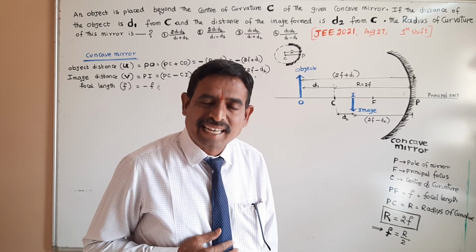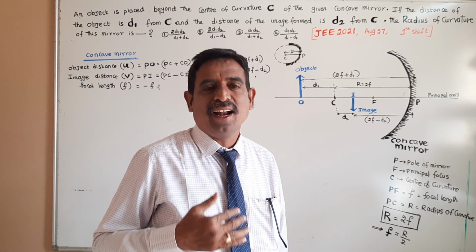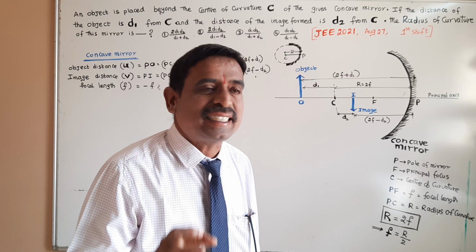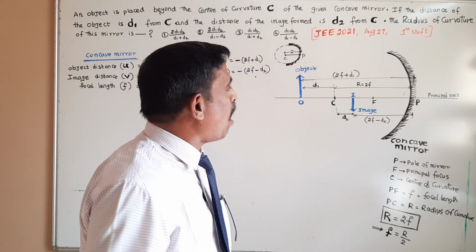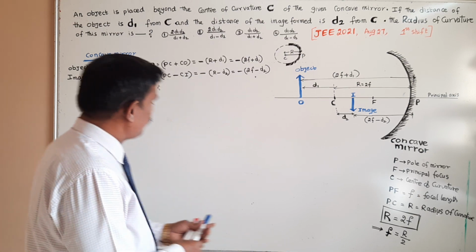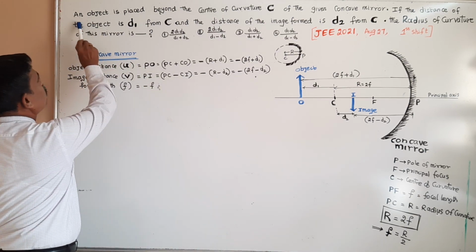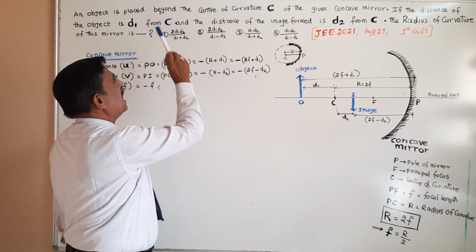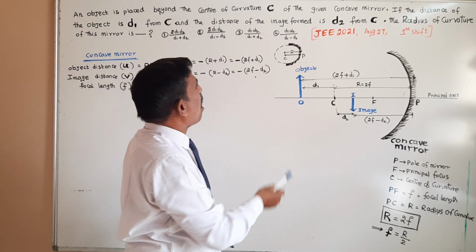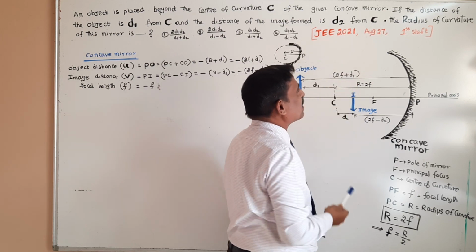NARASIMHARAO, lecturer in physics. Today I am discussing a previous year question from ray optics of 2021 JEE. An object is placed beyond the center of curvature C of the given concave mirror.